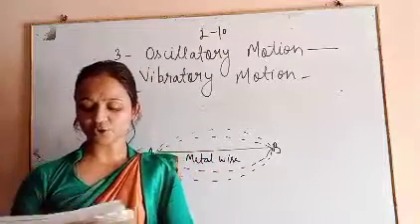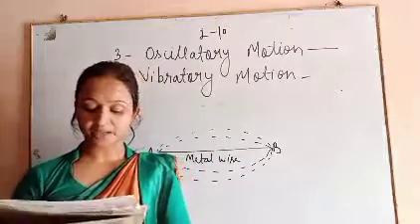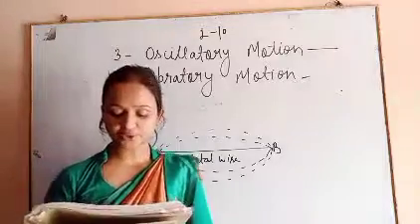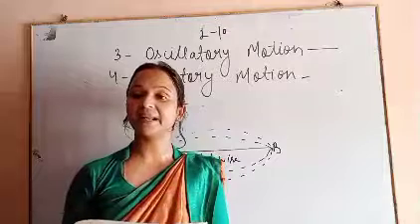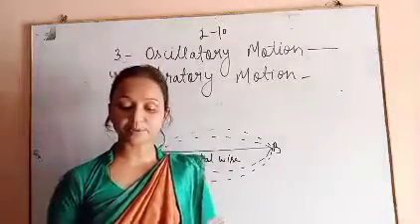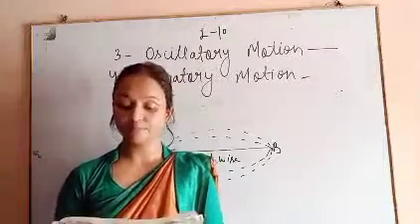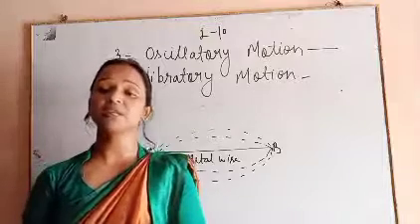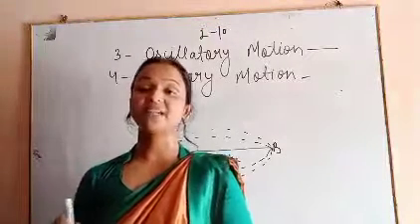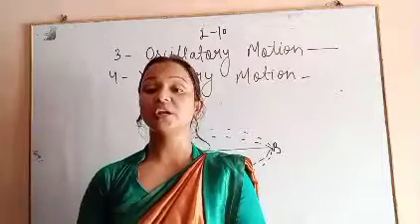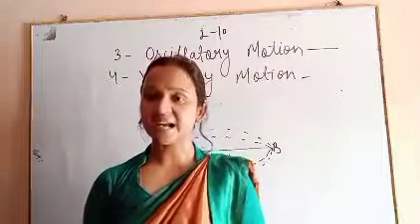The motion is not oscillatory in nature because the whole string does not move up and down, and such a motion is called vibratory motion. The vibratory motion is a kind of oscillatory motion in which the moving object undergoes change in shape and size.